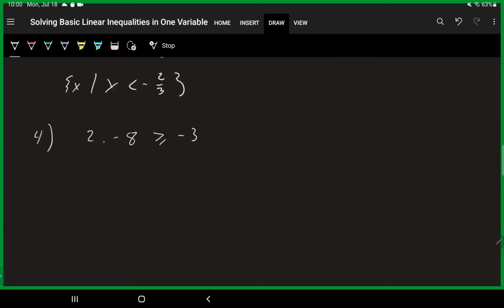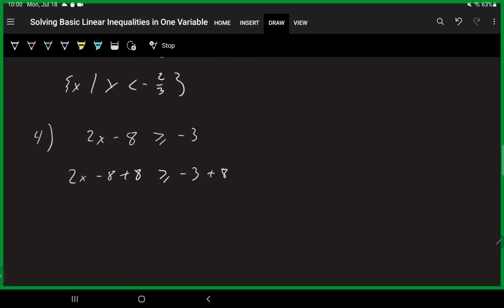So this is going to happen in multiple steps because I have this linear expression on the left-hand side, 2x minus 8. So x is being multiplied by 2 and then subtracted 8. Let's undo the order of operations by adding 8 to both sides. So 2x minus 8 plus 8 is bigger than or equal to negative 3 plus 8.